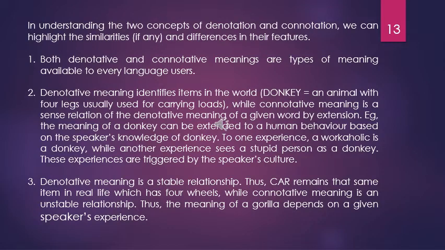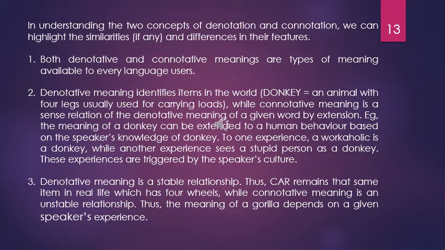In understanding the two concepts of denotation and connotation, we can highlight the similarities, if any, and the differences in their features. One, both the denotative and connotative meanings are types of meaning available to every language. Two, denotative meaning identifies items in the world. For instance, a donkey is an animal with four legs, usually used for carrying loads, while connotative meaning is a sense relation to the denotative meaning of a given word by extension.